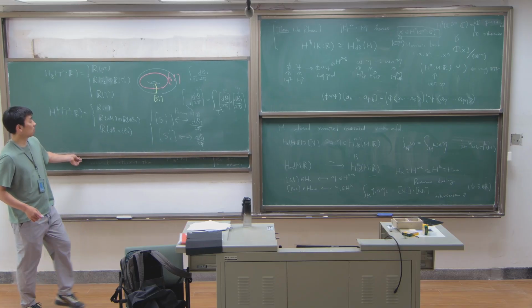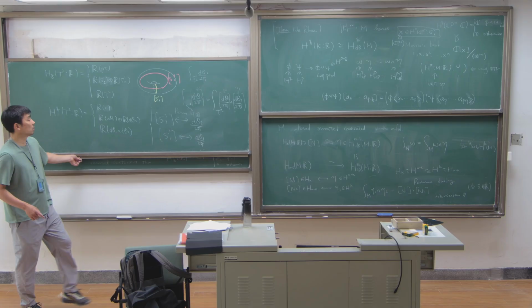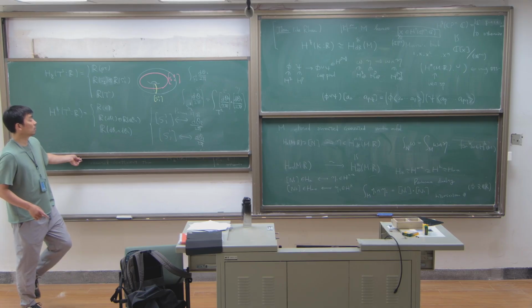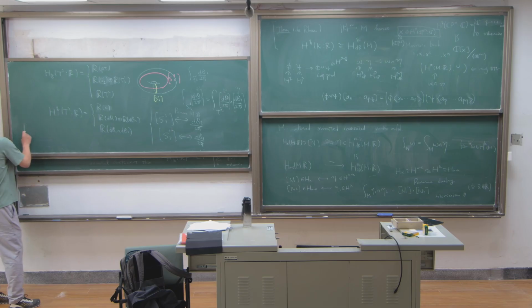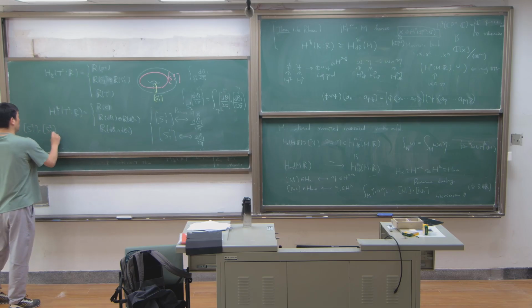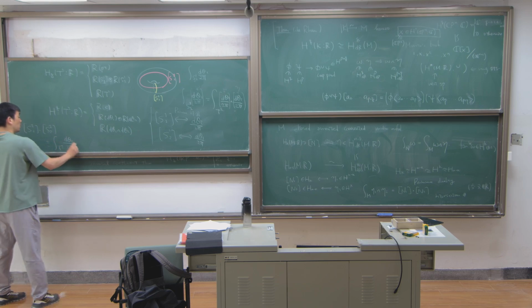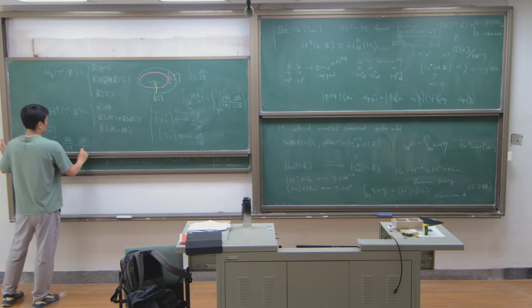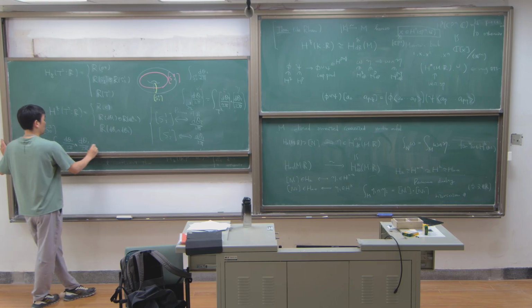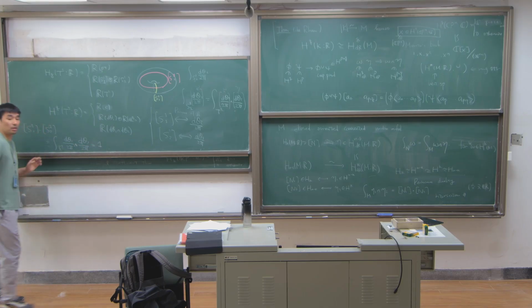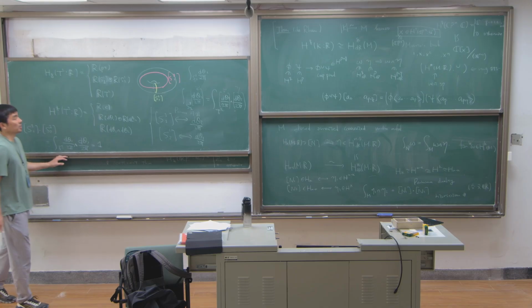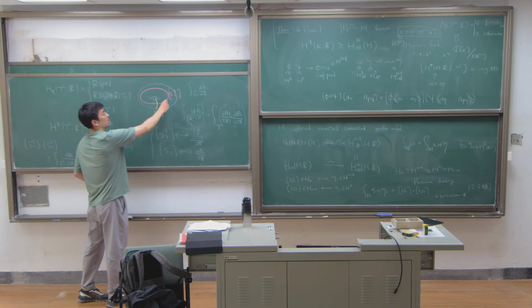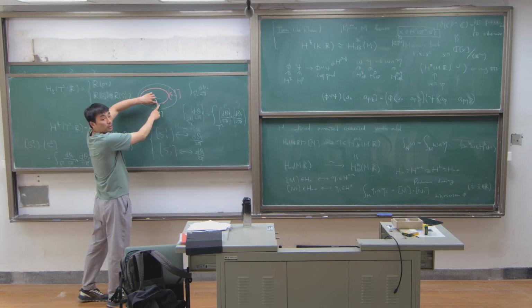Okay. In any case, therefore, the intersection number of S11 and S12 is the integral of d theta 2 wedge d theta 1 over 2 pi, which is equal to 1. So literally, yellow and red are intersecting at 1 point.